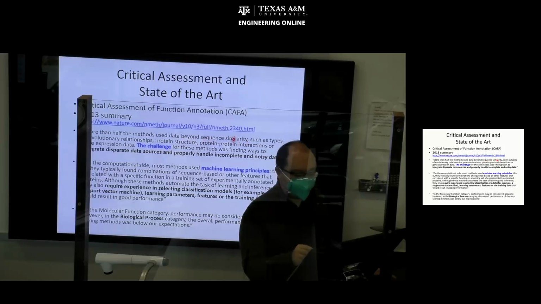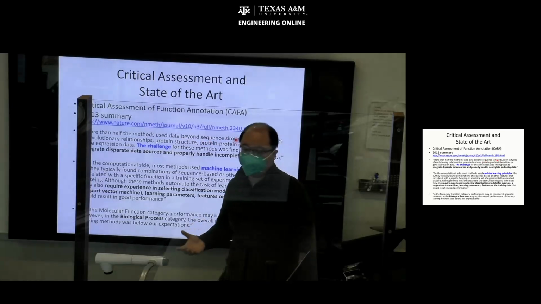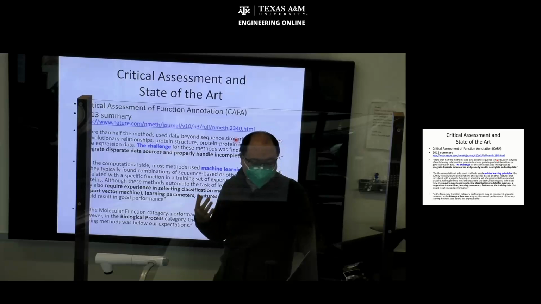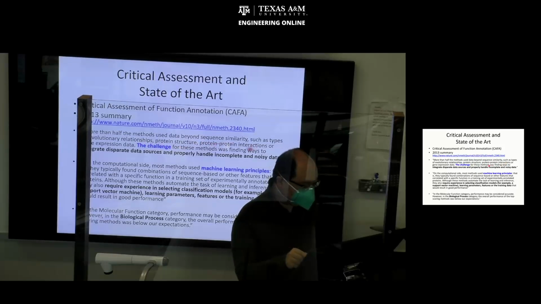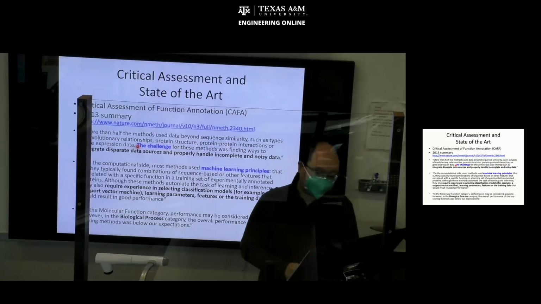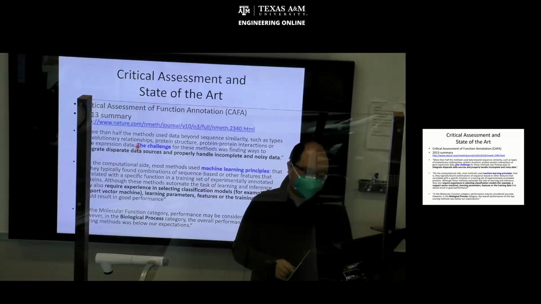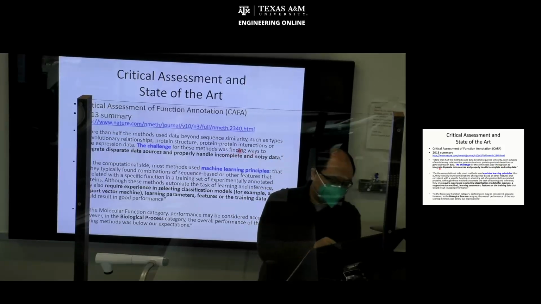The sequence similarity is the basic thing, right? So this joint embedding we did was just digging the sequence similarity in the latent space, right? But still, there are evolutionary relationships, protein structures, protein interactions, and gene expression data, okay? So the challenge for these methods was finding ways to integrate disparate data sources and properly handle incomplete and noisy data.